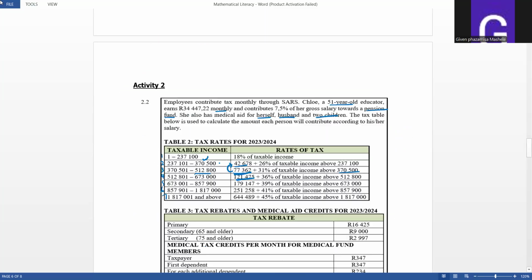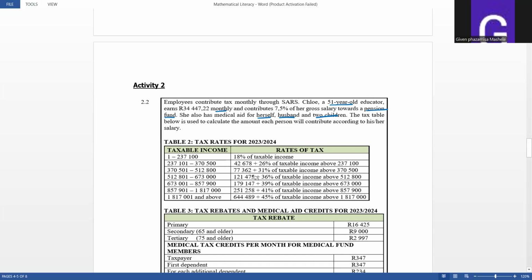Now we have to identify the tax bracket, based on the annual taxable income. It is bracket 2, which is between 237,101 to 270... No, it's bracket 4.